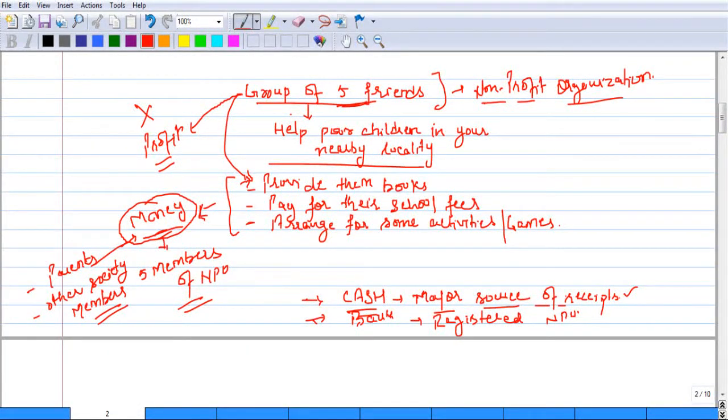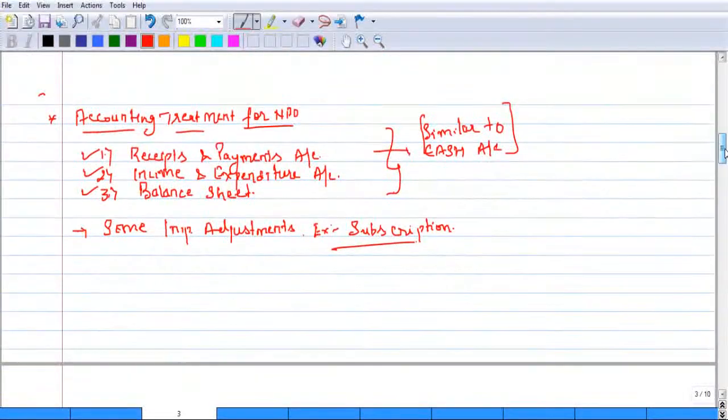Because the government says wherever the money element is involved, you have to give the account for that, from where you have received the money and where you have spent it. So they ask the NPOs also to prepare accounts. They need to prepare three things: receipts and payments account, income and expenditure account, and balance sheet.